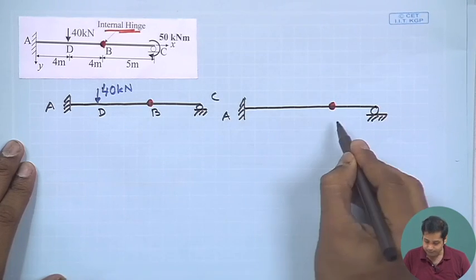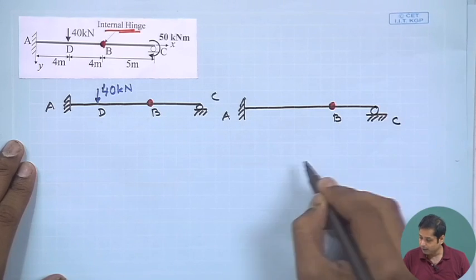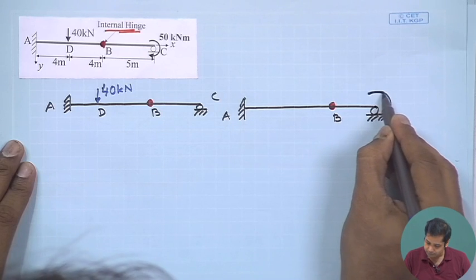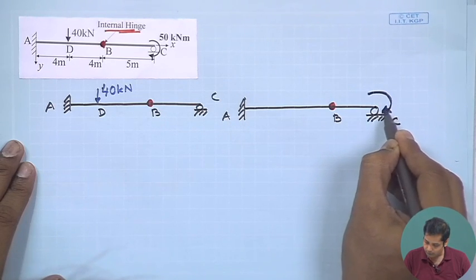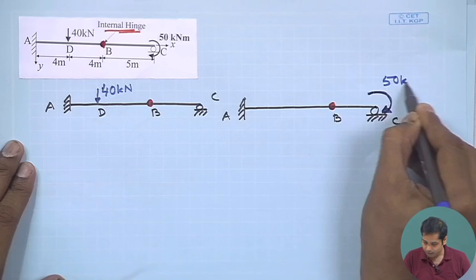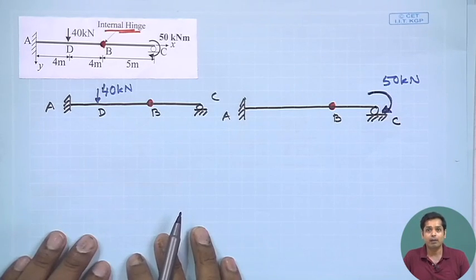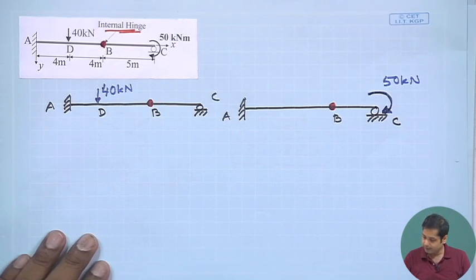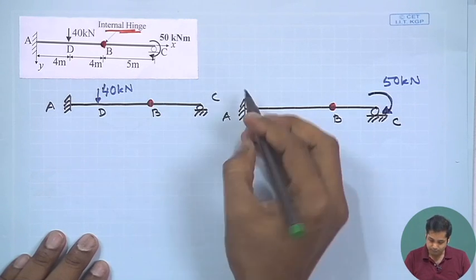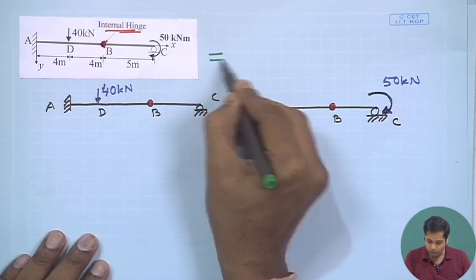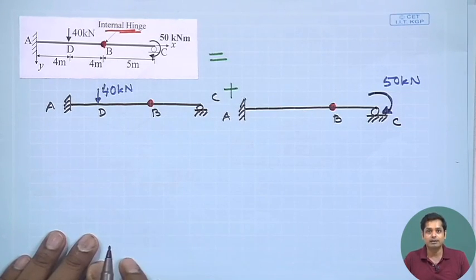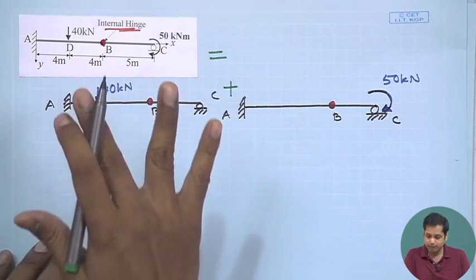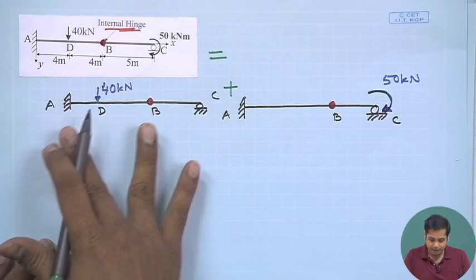This is A, B, C, and at C we have an additional moment, say 50 kilonewton meter. Now, this will be equal to this plus this.